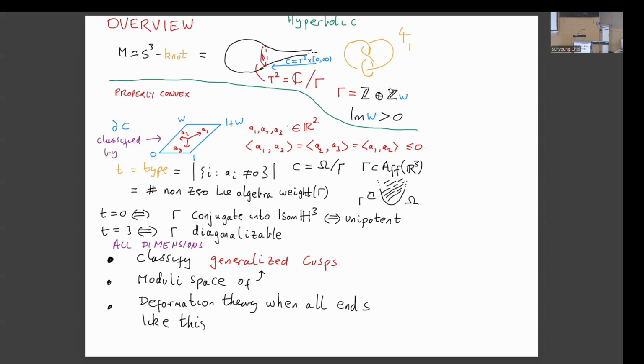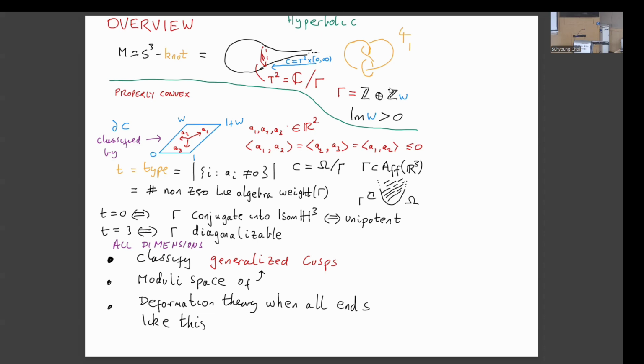And one discovers, as I'll be explaining, that the geometry in the cusp is again determined by a geometric structure on a torus. And the geometric structure on the torus is more complicated. In 2 dimensions, the geometry is, well, first of all, you have a similarity structure, that is a Euclidean torus defined up to scaling.